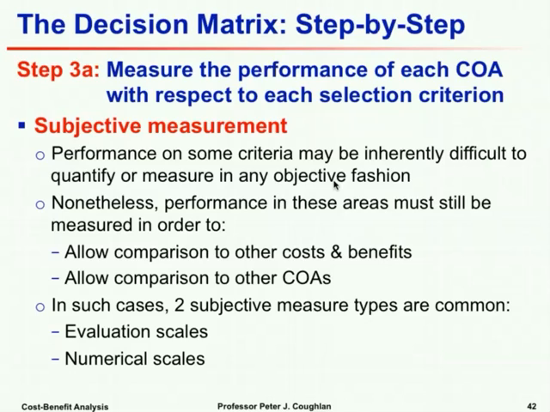Otherwise, you can't include them in the decision making, because you can't compare a particular benefit to other costs and benefits, or subtract it, or add it, or combine it. You can't compare across courses of action. So in such cases, you have to use some sort of subjective measurement. There are two common types of subjective measurement: evaluation scales and numerical scales.